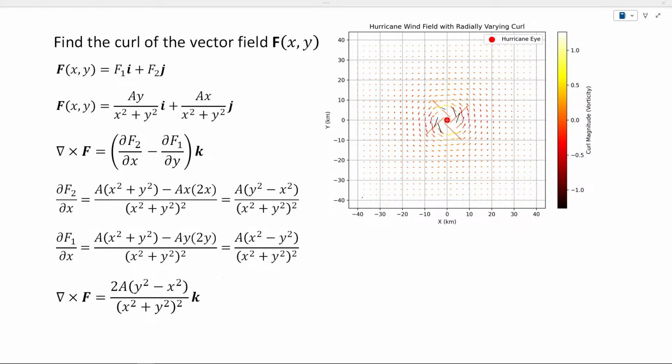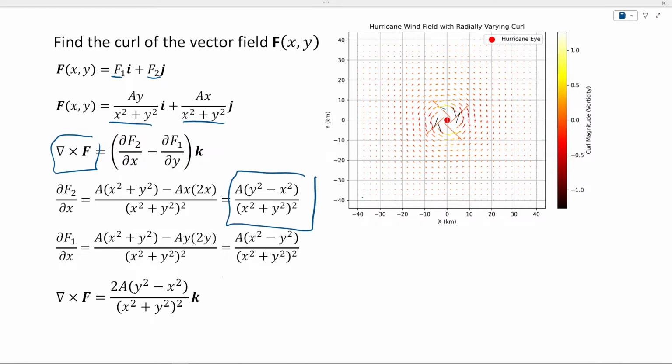Okay, so this is my function. This is my f1 and my f2, and this is the curl of this function. It's only 2D, not 3D like the other ones. So you get something like this. If you take the partial derivative of f2 with respect to x, you get something like this.